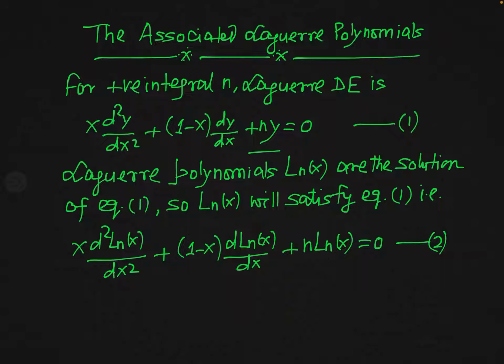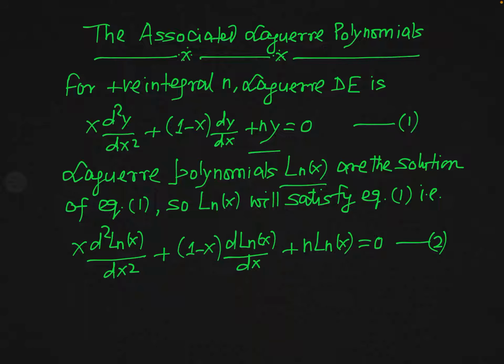As you know that Laguerre polynomials ln of x, these are the solution of this Laguerre differential equation, and you also know the solution of a differential equation always satisfy the differential equation. So definitely if ln of x are the solutions of this Laguerre differential equation, then definitely ln of x will satisfy this equation 1.